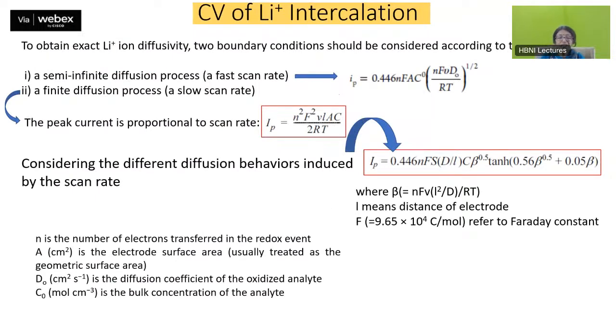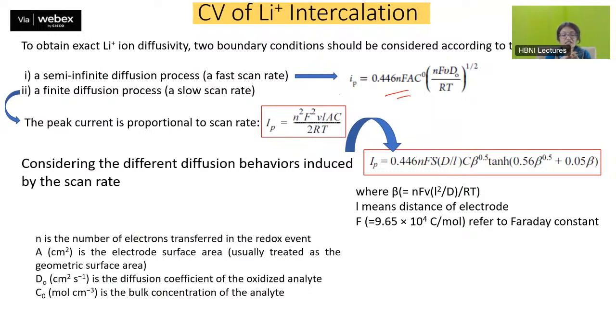Now to obtain exact lithium-ion diffusivity, you have to consider two boundary conditions, according to the scan rate. If it is an infinite diffusion process, that's a fast scan rate, in that case it is going to follow the Randles-Sevcik equation which we mentioned.